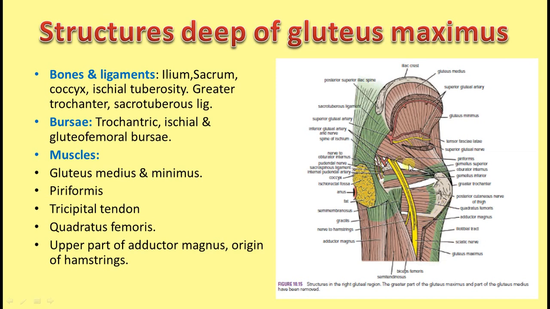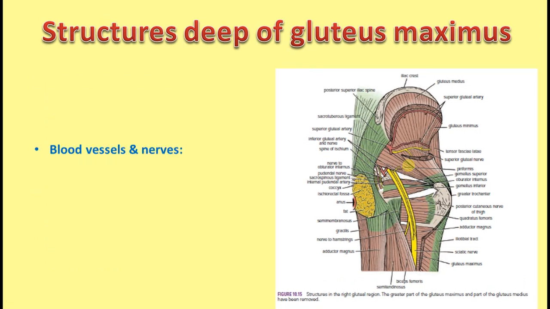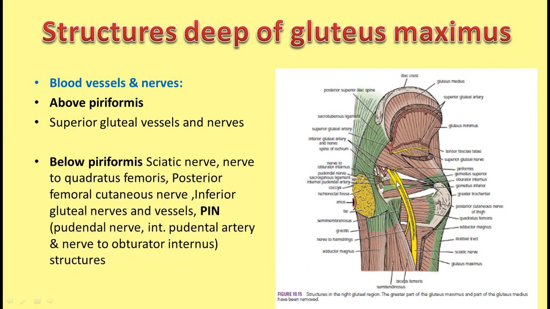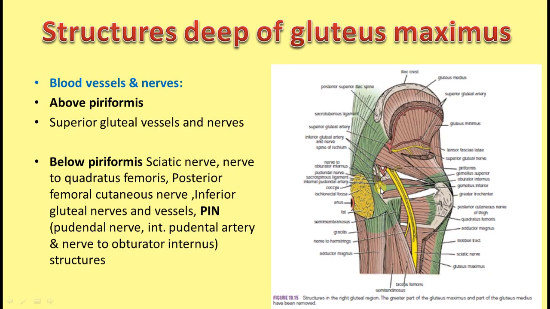Then apart from that we also have the nerves and vessels. So above the piriformis, superior gluteal vessels and nerves. Below the piriformis, inferior gluteal vessels and nerves, sciatic nerve, posterior cutaneous nerve of the thigh or posterior femoral cutaneous nerve. Then you have these three structures, the PIN structures: pudendal nerve, internal pudendal artery, and nerve to obturator internus.